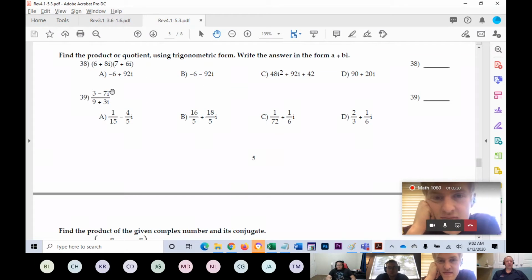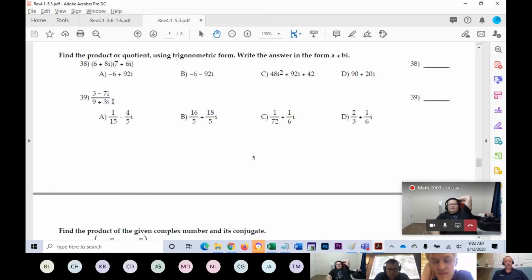How would you do this without changing it? Multiply top and bottom by the conjugate, 9 minus 3i. Then you just do the constant on the bottom and FOIL on top. Oh, easy. I remember doing that. But not so easy doing it in trigonometric form.